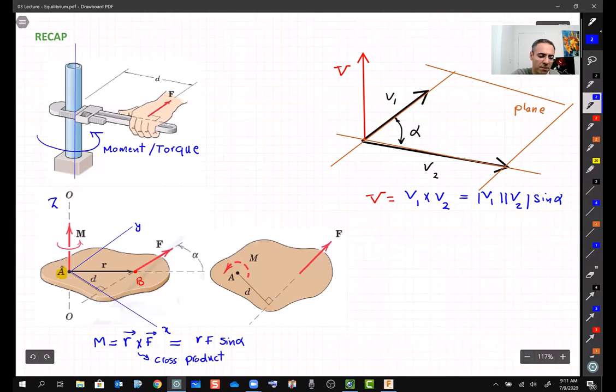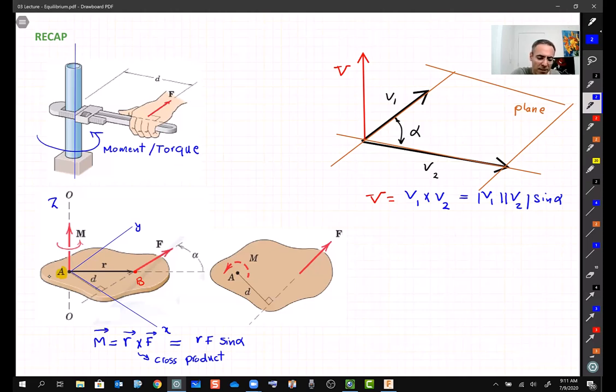You see, it's a vector coming out of the plane, right? It's a cross product like this V. But for simplicity, we just show it by a rotating, basically, or a curve, just to show it for simplicity. And it is a vector, like M is a vector.